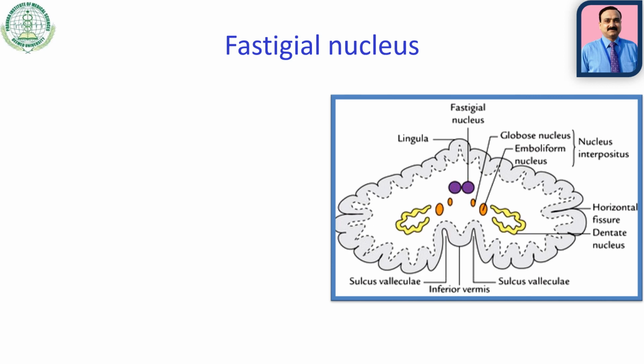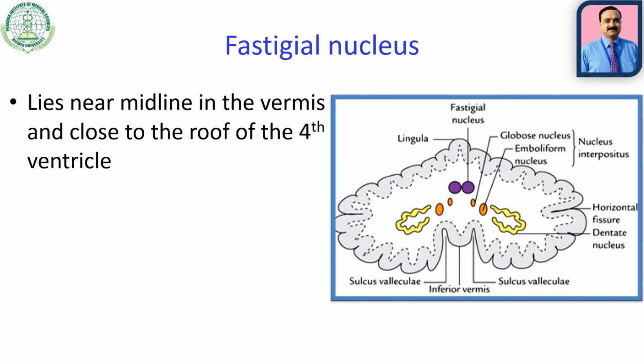Coming to the last and medialmost group, that is fastigial nucleus. It lies near midline in the vermis and close to the roof of the fourth ventricle.